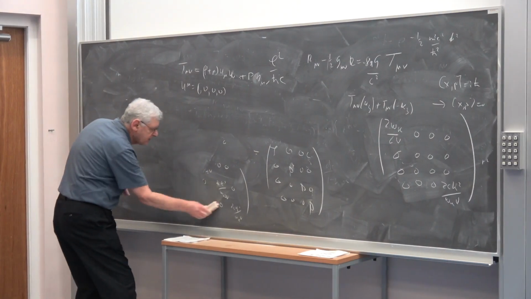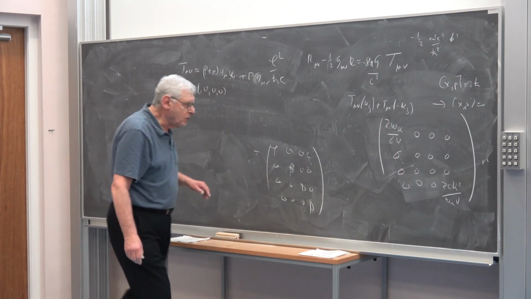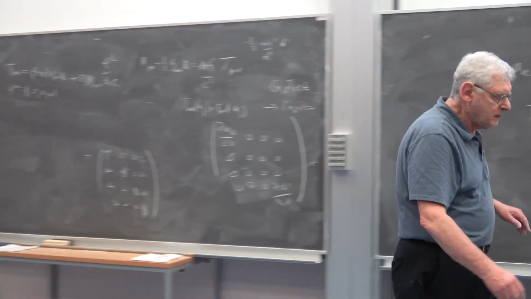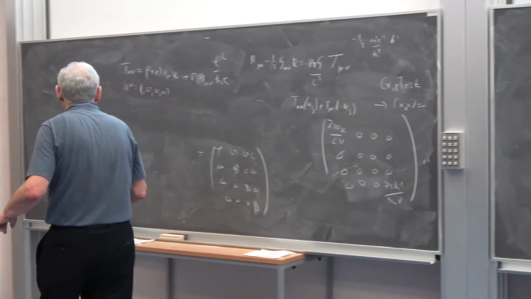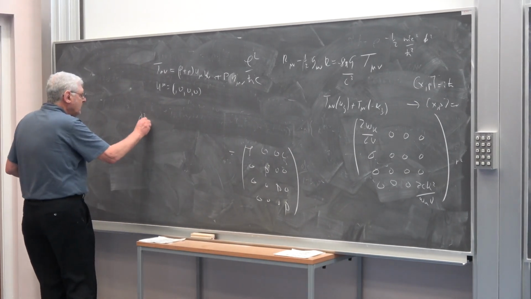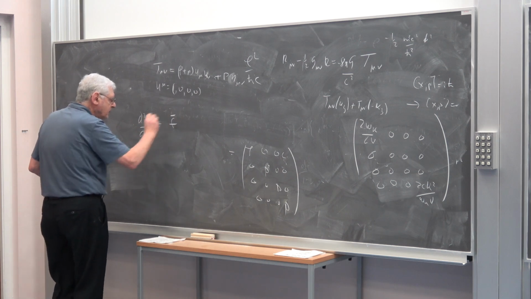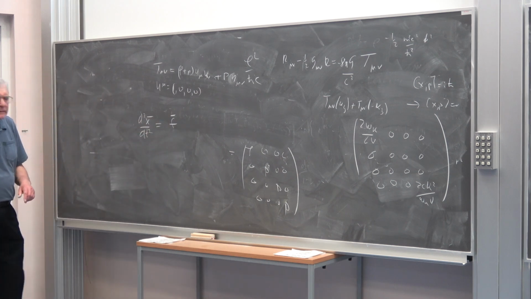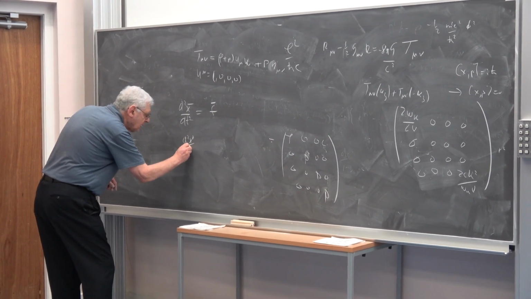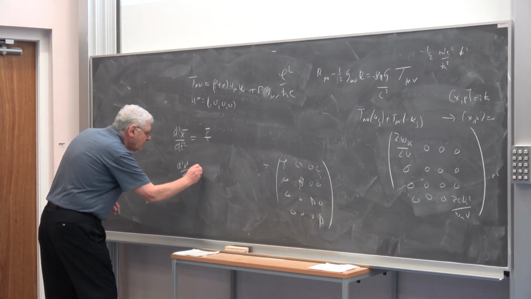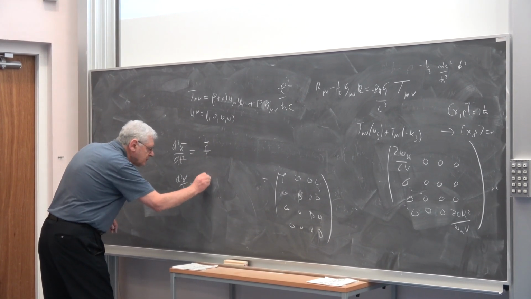We go in steps. What we have is Newton gives d2x dt squared is equal to F. Special relativity, d2x lambda d tau squared is equal to, we'll call it, g lambda.